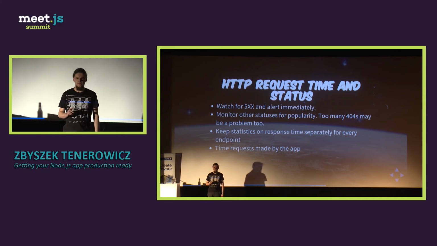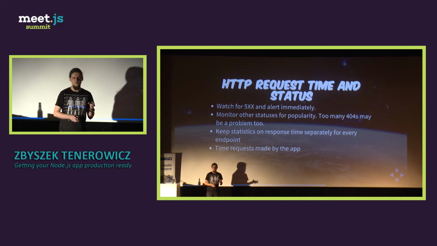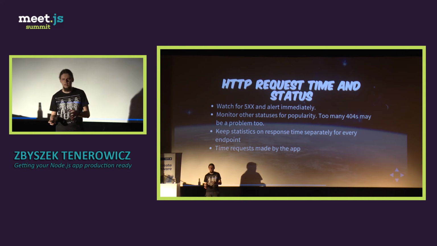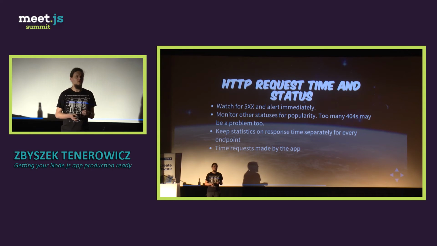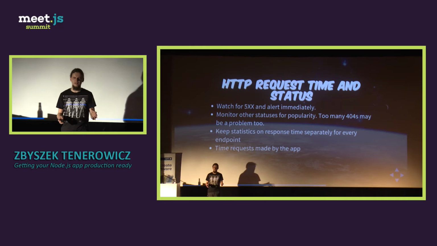Now, monitoring is very important for a few basic items, like the request statuses and how much time things take. So you don't just want to monitor if your requests aren't failing in general, because then you will start getting one number for the whole app, which is not the resolution of data you want.